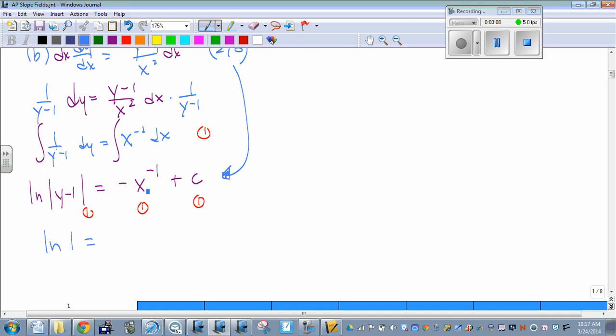Put 2 in here, this is like negative 1 over x, so it ends up being negative 1/2 plus c. Well, what's natural log of 1 equal to? 0, right? Natural log of 1 is actually 0, so it's like 0 equals negative 1/2 plus c, so c equals 1/2. That's another point.